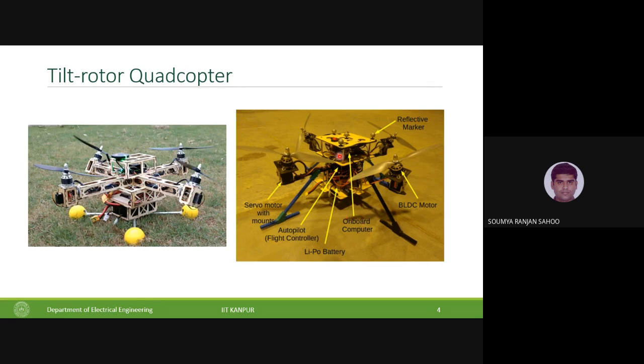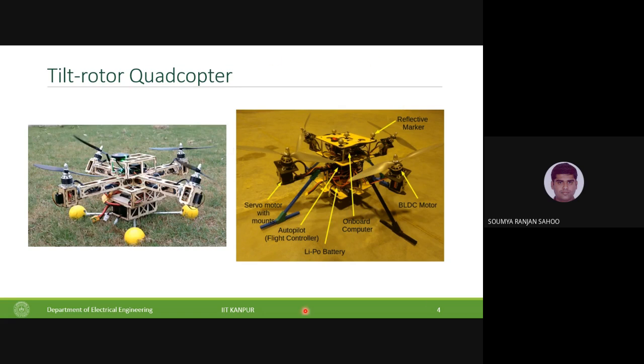Basically, this onboard computer was running the Aruco marker recognition software given by OpenCV for pose estimation. So the reflective marker that has been shown here, does it have to do with the Aruco marker? No. Initially we did testing indoors.